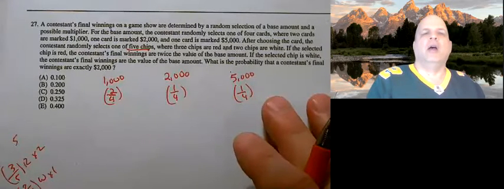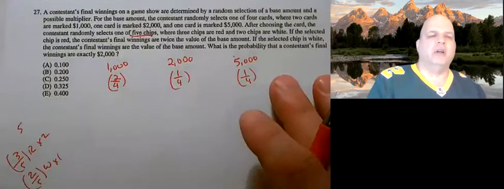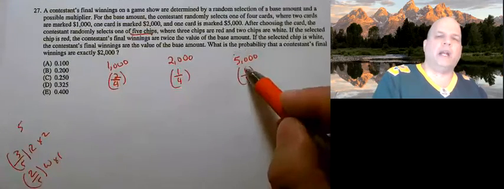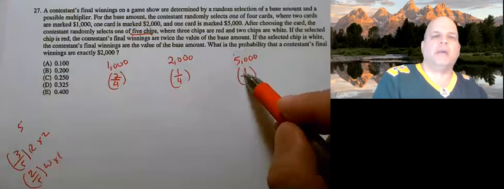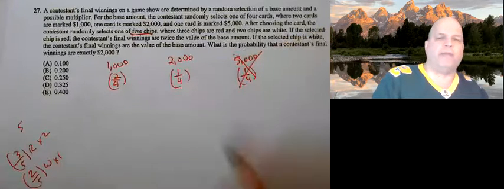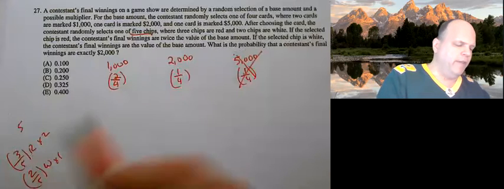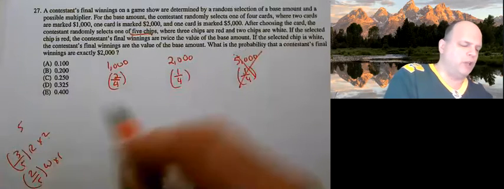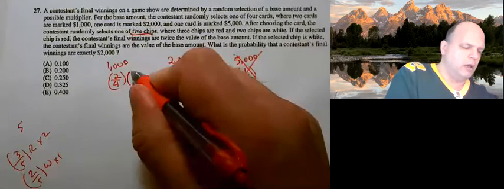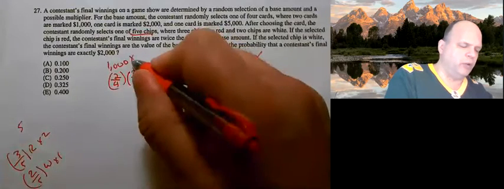All right. What is the probability that a contestant's winnings are exactly 5,000? Well, nothing I multiply here will give exactly 2,000 or 5,000, so that's gone. But if I draw a red chip, it doubles, and this would be times 2.